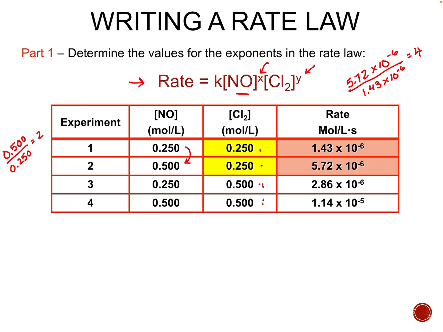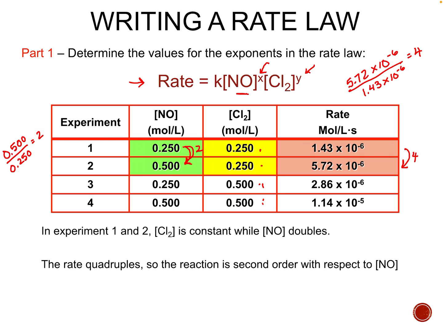So I doubled my concentration of nitrogen monoxide, and that caused the rate to quadruple. That was 2, that was 4. That means that this is second order with respect to nitrogen monoxide.